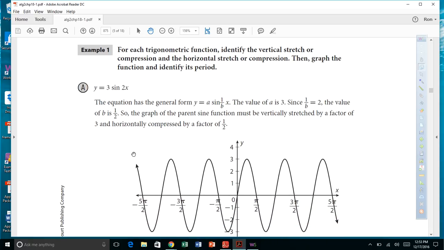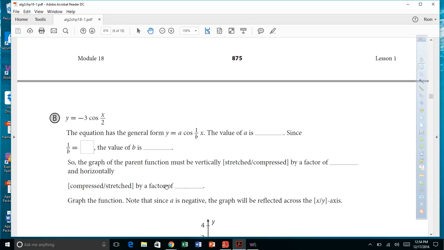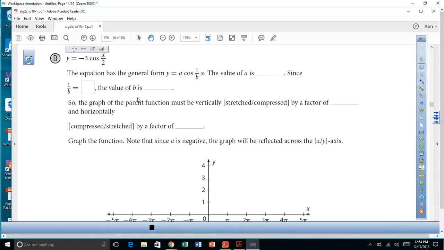Example 1. For each trigonometric function, identify the vertical stretch or compression and the horizontal stretch or compression. Then graph the function and identify its period. So there's A. Go ahead and read through A, and when you get back, we'll do B together. Okay. So we have y equals -3 cosine x over 2.